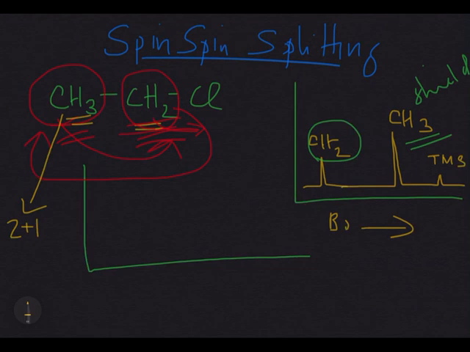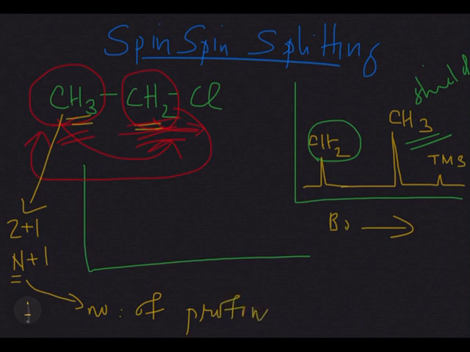into 2 plus 1. Actually, splitting is based on the n plus 1 rule, where n is the number of protons on the adjacent carbon.